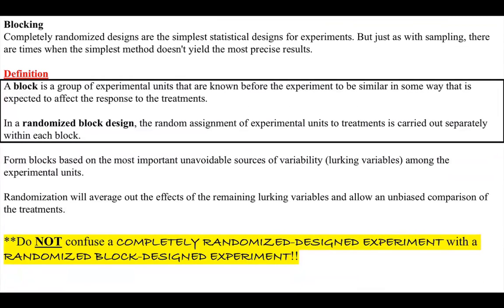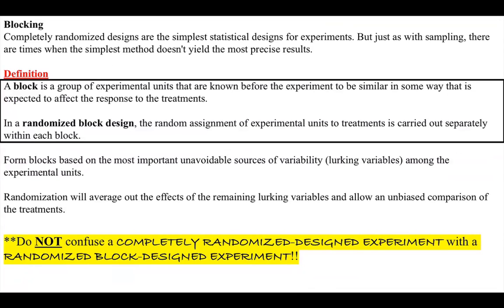into block design. Completely randomized designs are the simplest statistical design for experiments. But just as with sampling, there are times when the simplest method doesn't yield the most precise results.